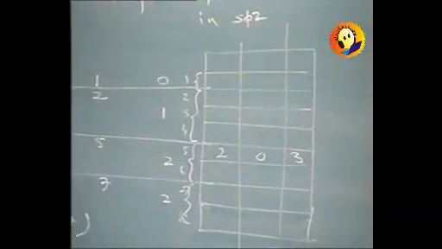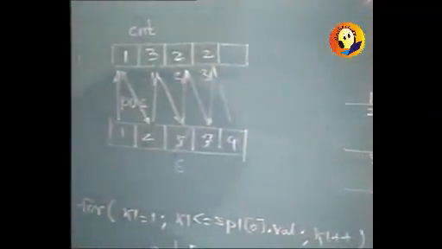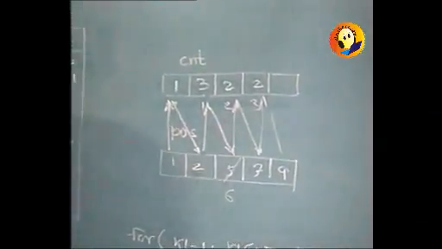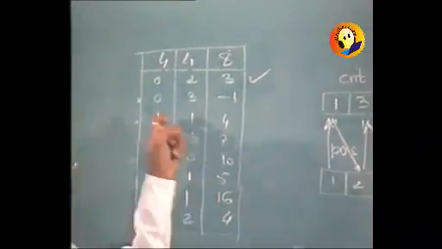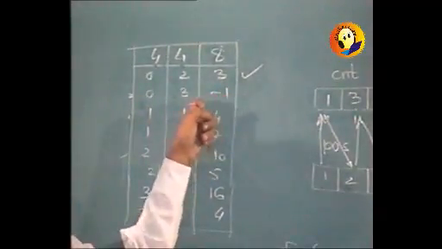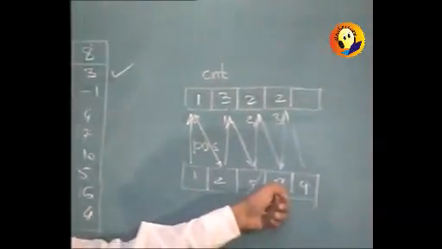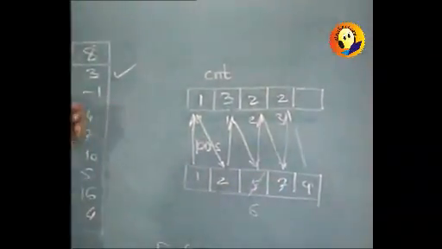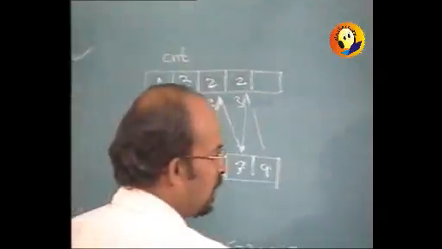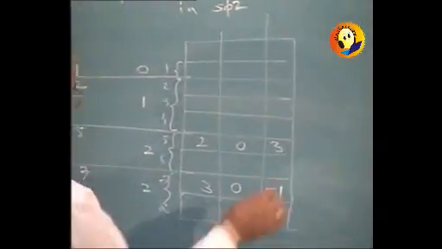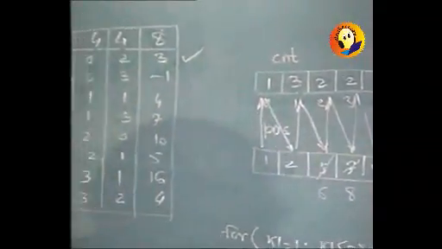This position is consumed, I make it 6. So this element has been converted. 0, 3, minus 1, column number 3, check the position at position 3 here, 7. So write this element at position 7, 3, 0, minus 1, and increment it, 8.